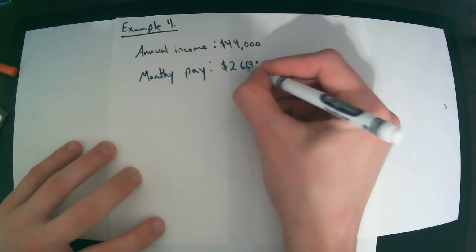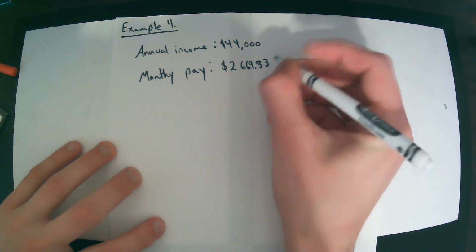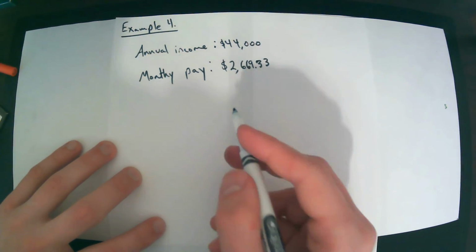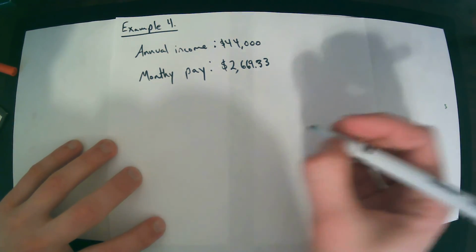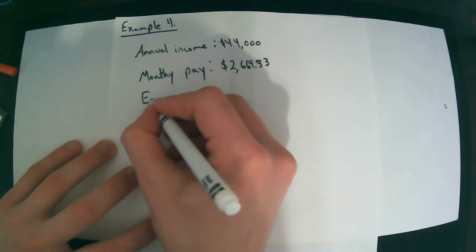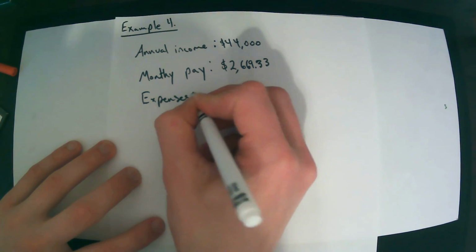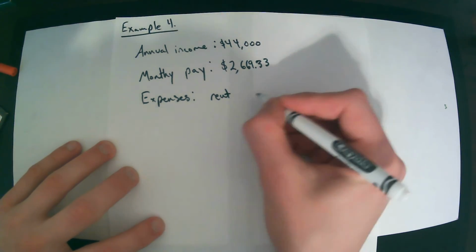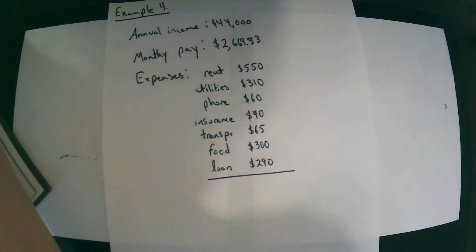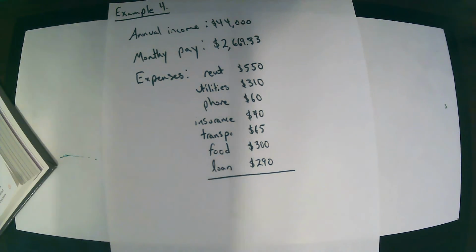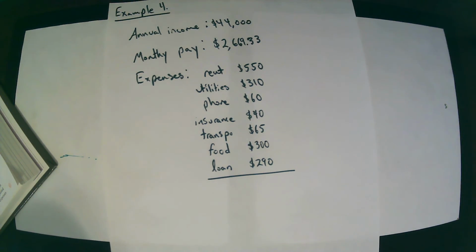It's $2,669.33, and then her expenses are rent at. Okay, there's her expenses. This one's looking a little bit better because it accounts for insurance and phone, though $300 a month for food seems a little low to me.